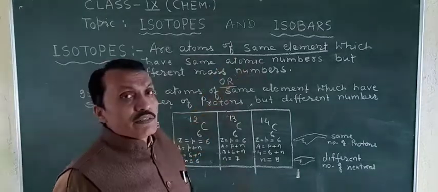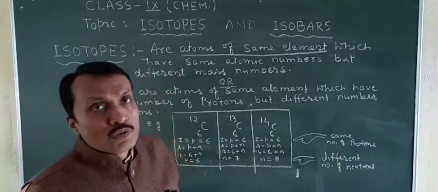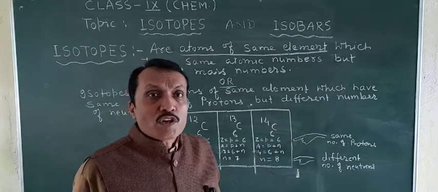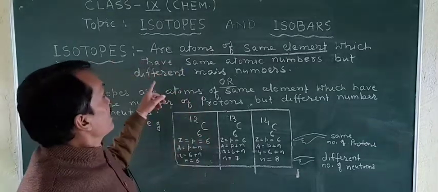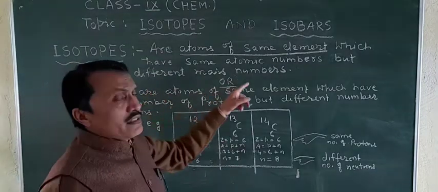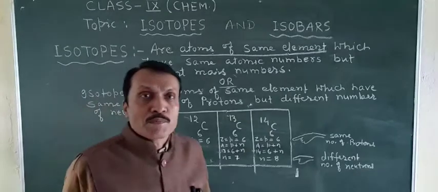As atomic numbers are the same in case of isotopes, the number of protons in isotopes is the same. But mass number is different in case of isotopes.